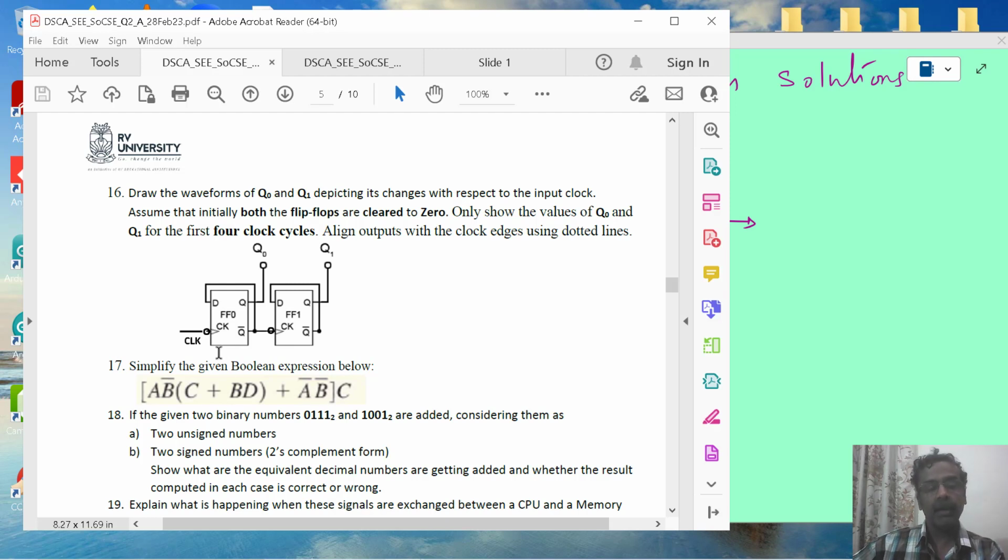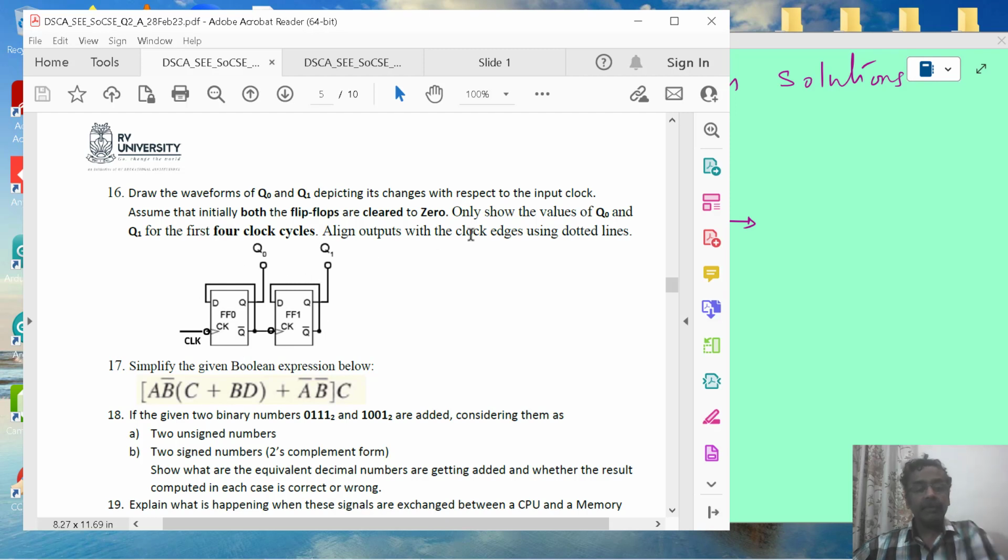That means when it moves from high to low, whatever the value at D is will be latched inside. So it's a flip-flop which operates on a clock edge. It could be a positive edge if they omit the not, otherwise a negative edge.